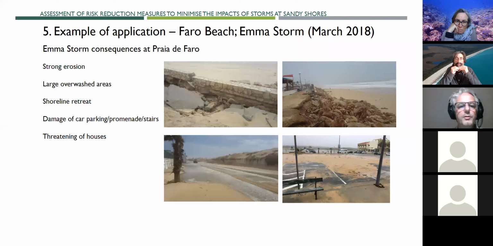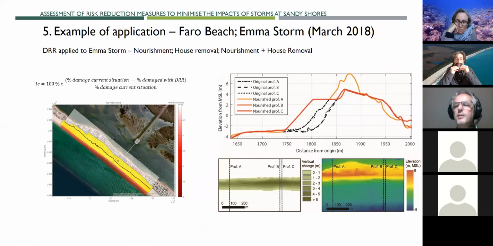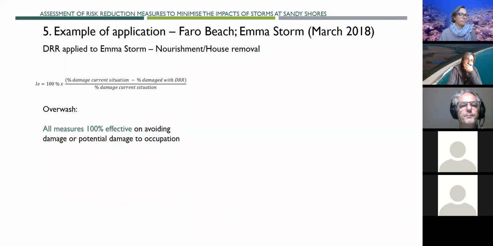So we could test our models in a real storm and test again what would be the effect of these coastal management measures if they were in place. So again, we went back to the nourishment and to the removal of the houses that I told you about, and we applied as well this simple equation to assess the effectiveness on risk reduction.